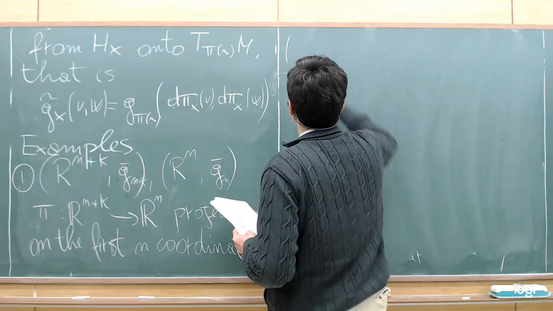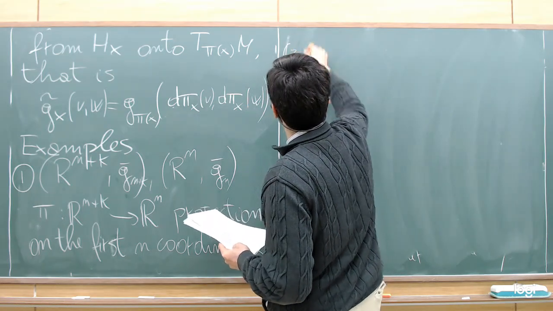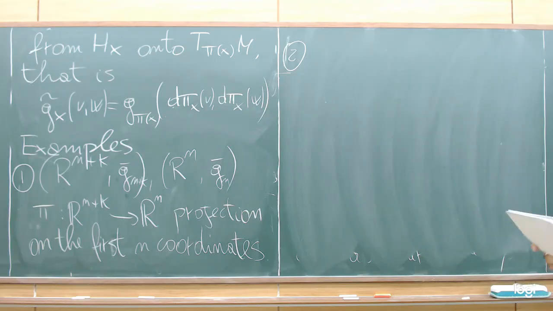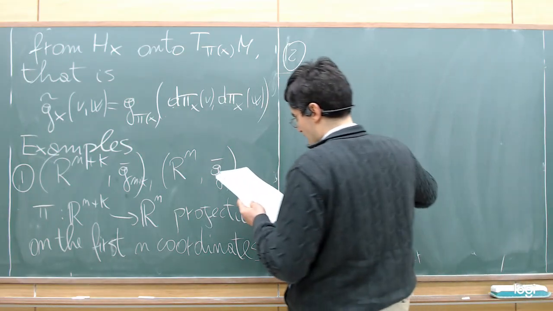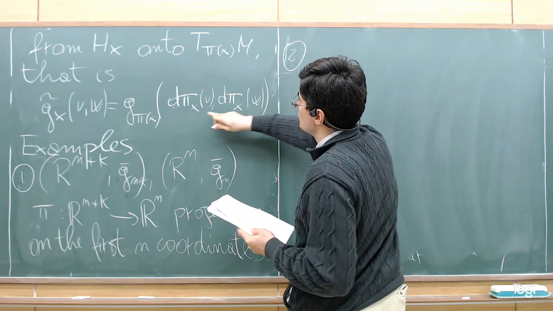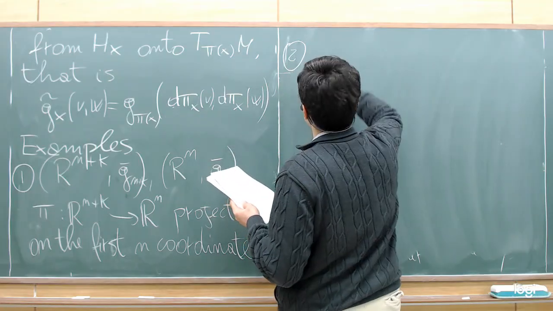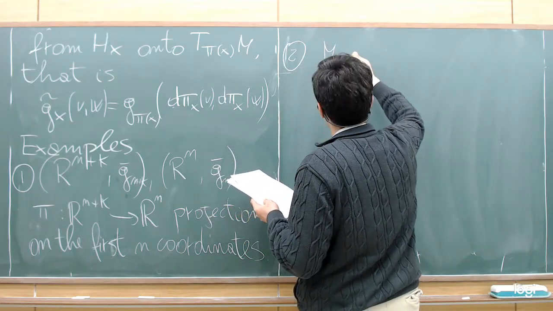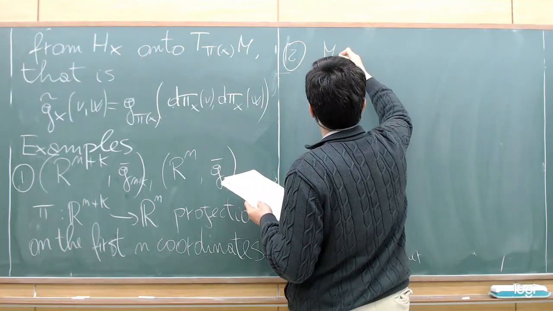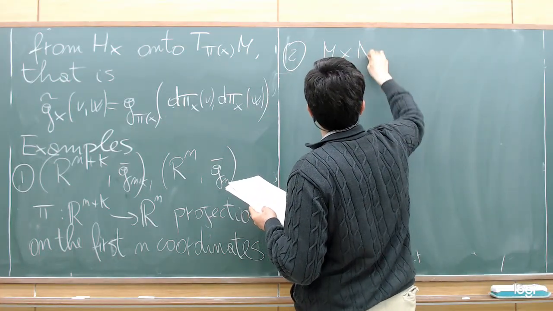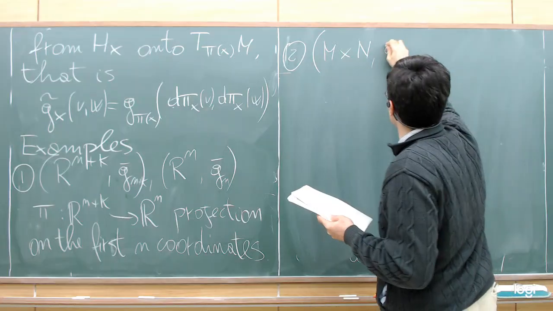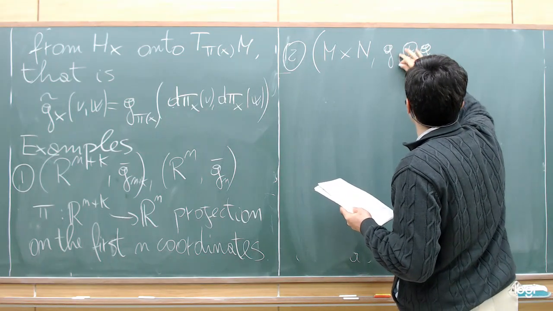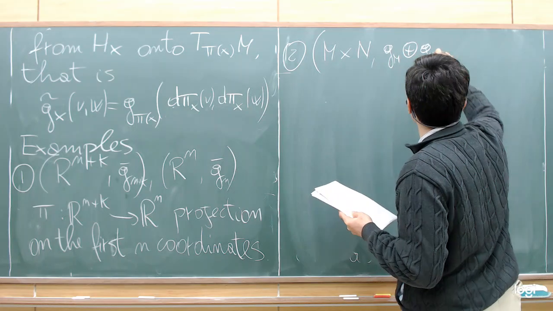Another case in which it is immediate to see that this is true is the following. Take M times N with the metric g1 plus g2. Sorry, exchange notation.